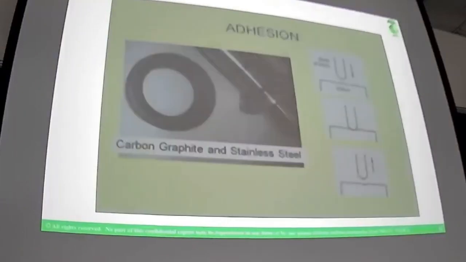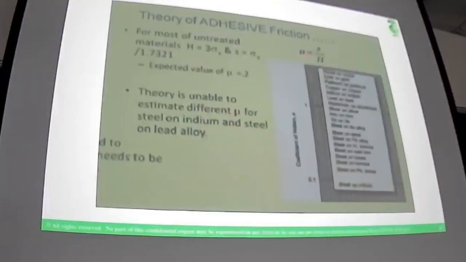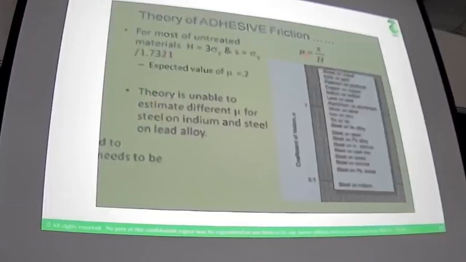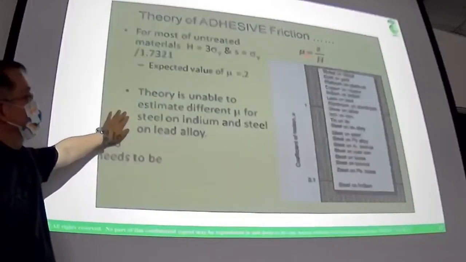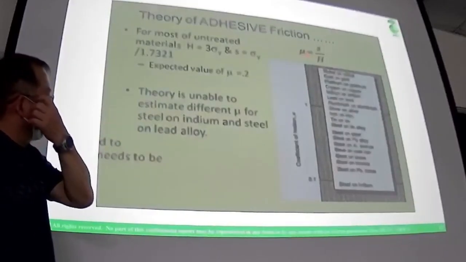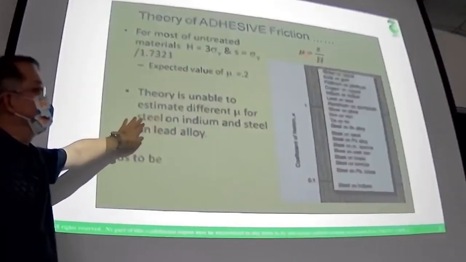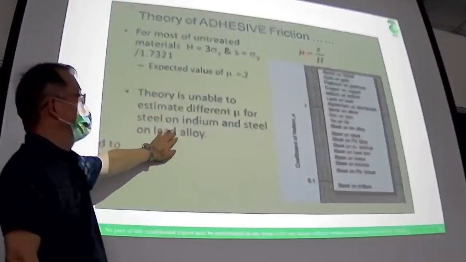The theory is unable to estimate the different coefficients of friction for steel on indium, steel on lead alloy.